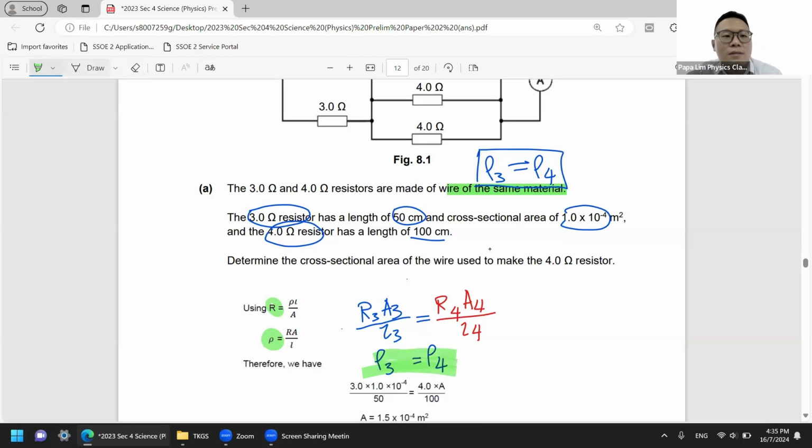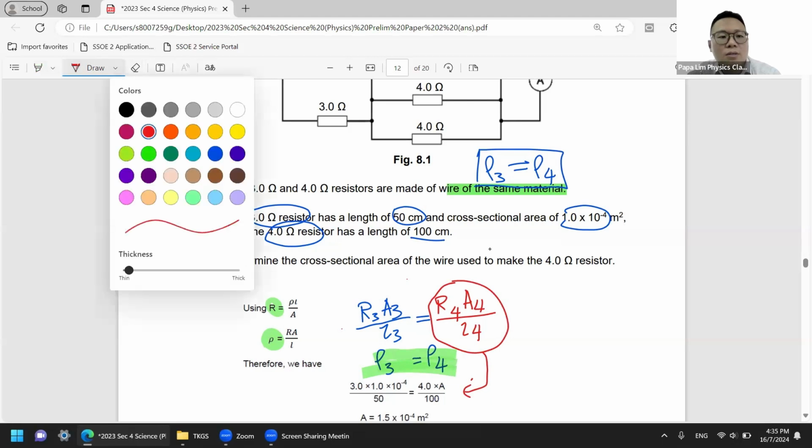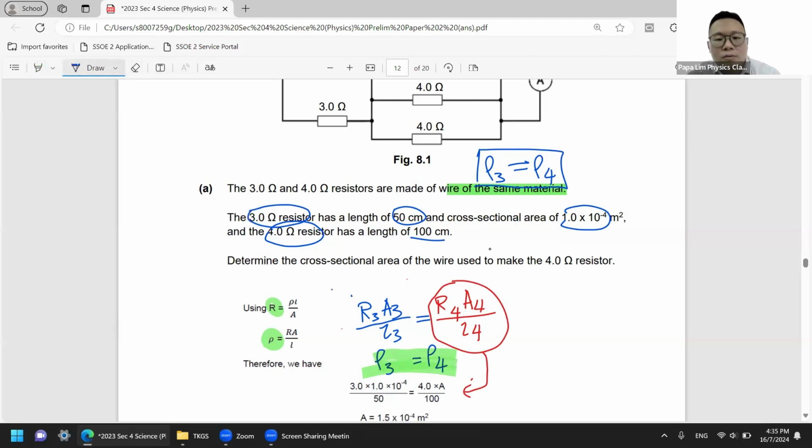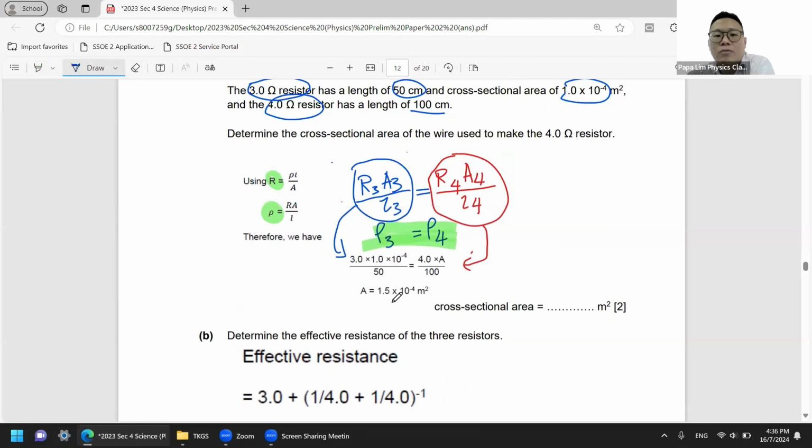Once you have the breakdown of the mathematics, all you need to do is substitute the right values and solve for the unknown. In this case, the unknown is A4, the cross-sectional area of the 4 ohm wire, and the answer comes out quite easily: 1.5 times 10 to the power minus 4. This is how we look at calculations for resistivities that involve resistors.